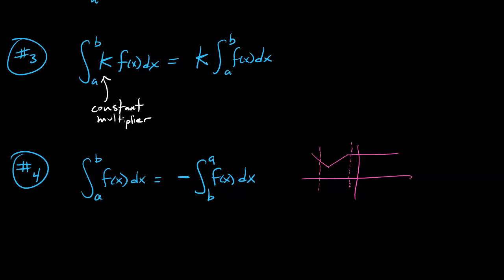Traditionally, you write the smaller number on the bottom, the larger number on top. But if, for some reason, it's the other way around, where the larger number is on the bottom, smaller on top, well, your answer is going to be the opposite of evaluating it the different way.